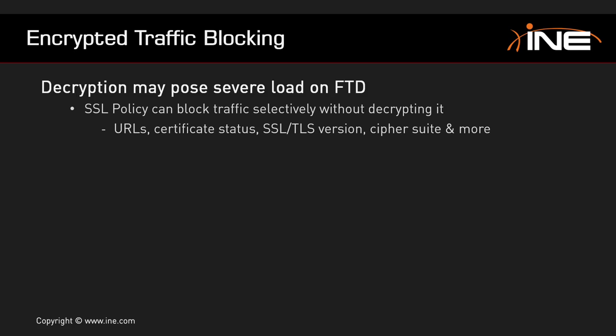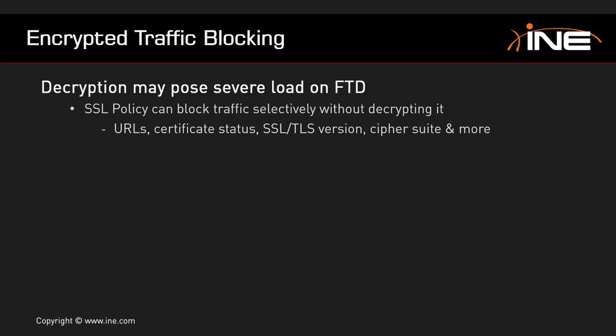And there are actually a couple of different ways you can select the traffic you want to block without decrypting it, because we know that we cannot actually act on the content of the packet. As we will see in just a minute, there are two methods that FTD uses to figure out where the encrypted traffic is destined.